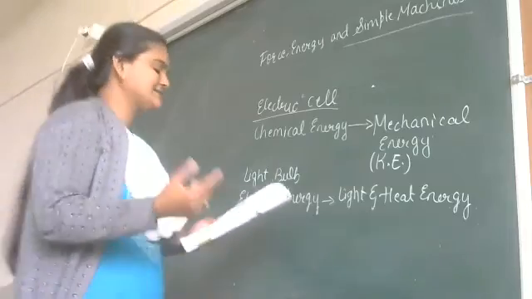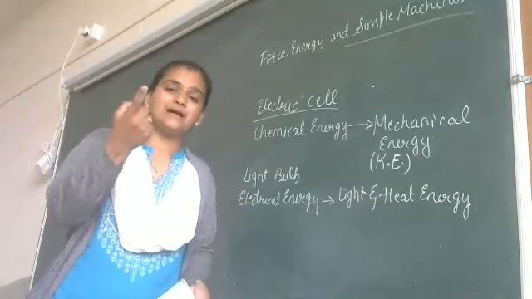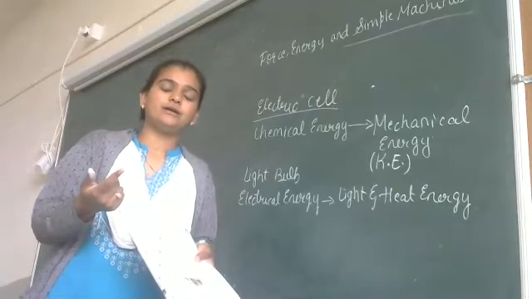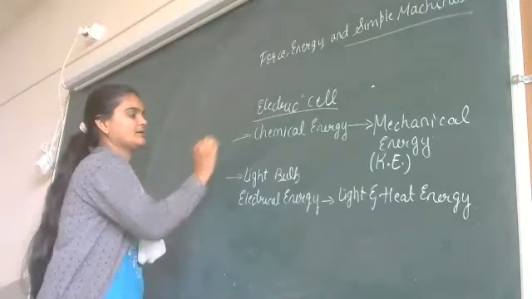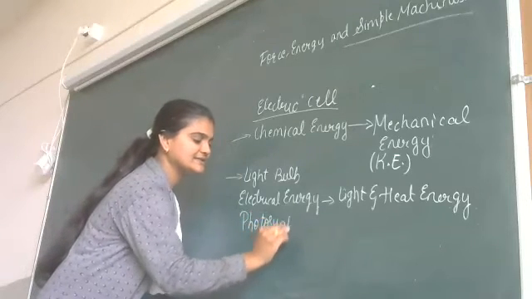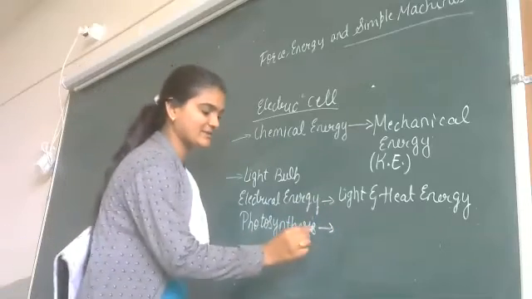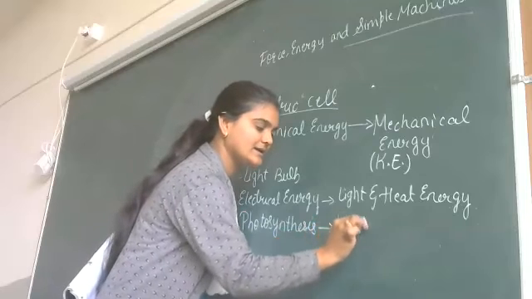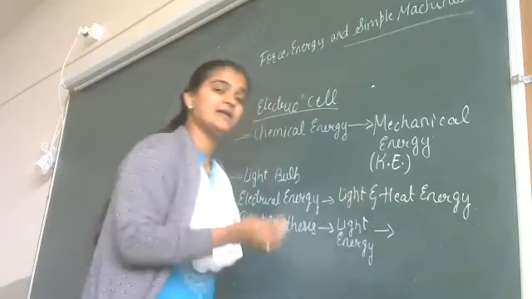Then the sun gives heat and light energy that is absorbed by the plants. What is that process known as? Photosynthesis. In photosynthesis, the plant receives energy in the form of sunlight, along with water and carbon dioxide.